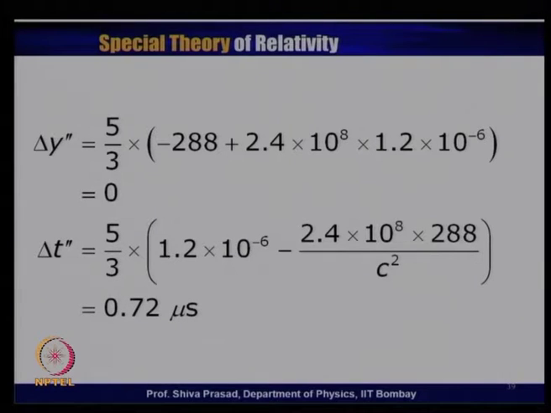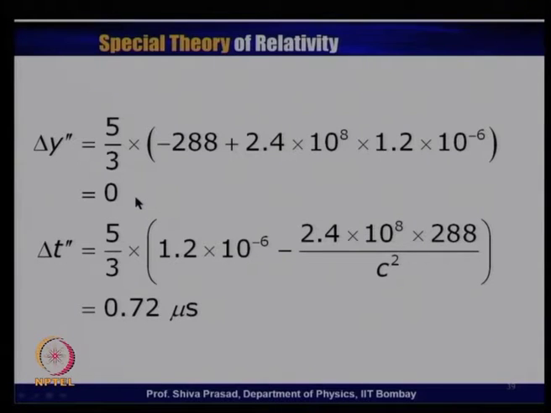Transform to S double prime frame of reference, delta y double prime is equal to 5/3, which is the value of gamma, multiplied by delta y, which is minus 288, plus relative velocity, which is 2.4 into 10 power 8 meters per second, multiplied by delta t, which is 1.2 into 10 power minus 6 second.